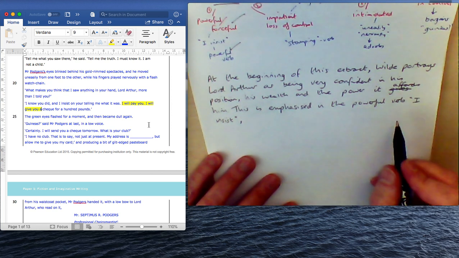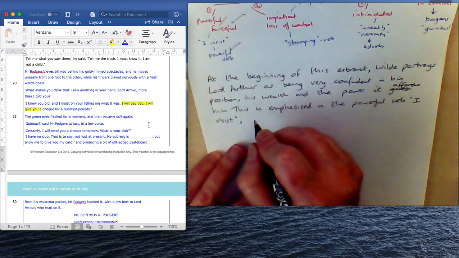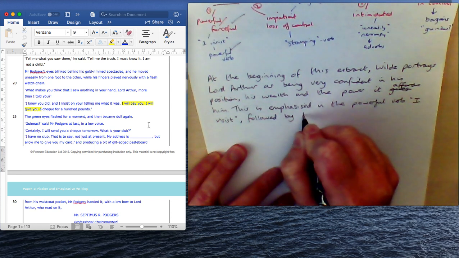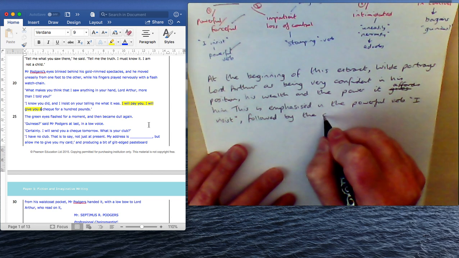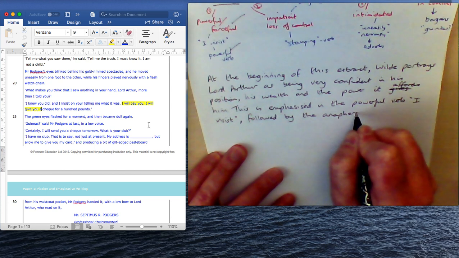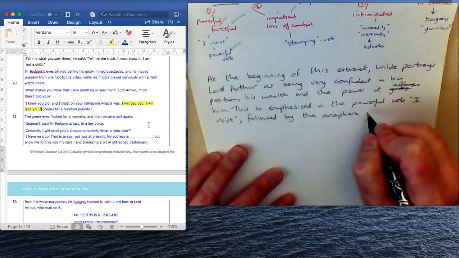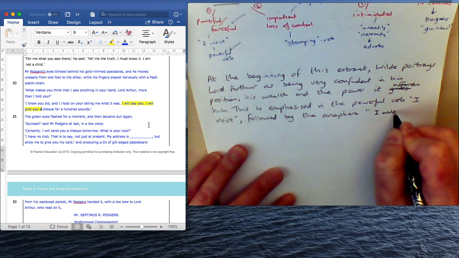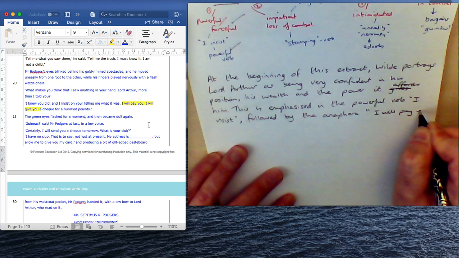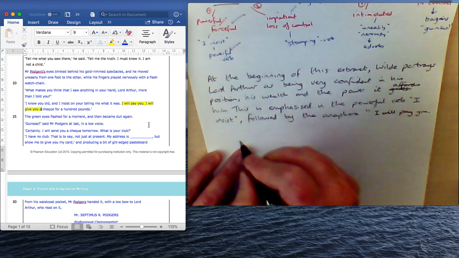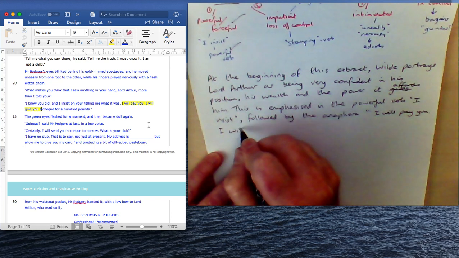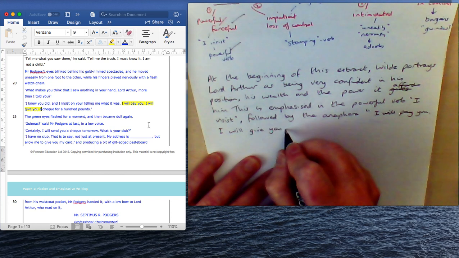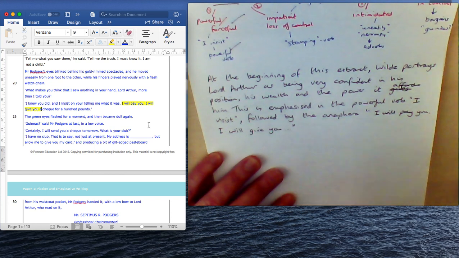So this is emphasized by the powerful verb I insist, followed by the anaphora, I will pay you, I will give you, and then I'll just do a bit of ellipsis to show that the sentence continues.